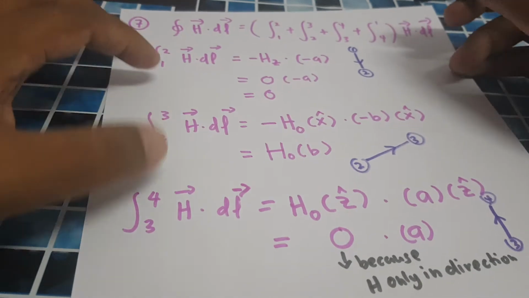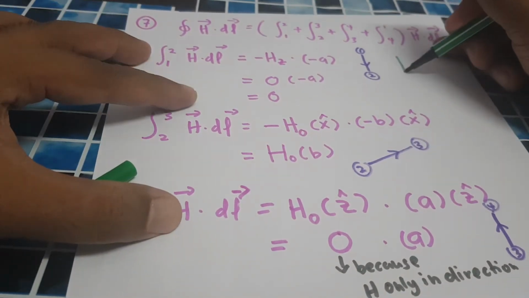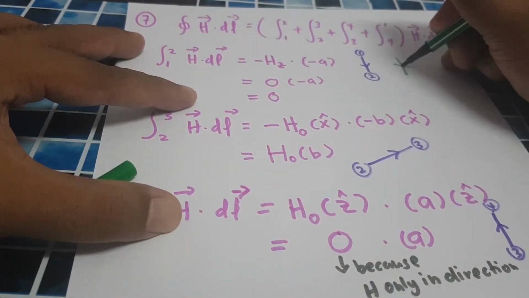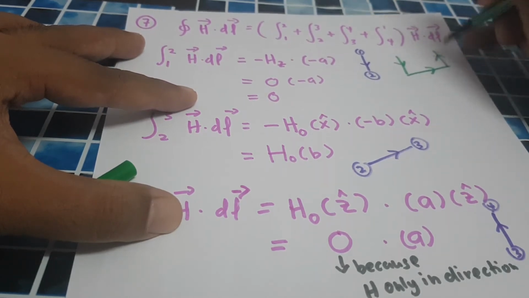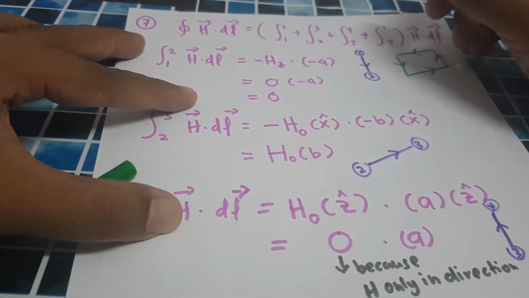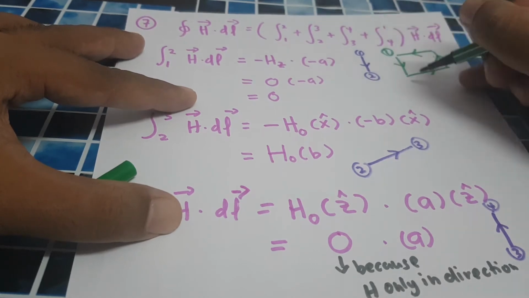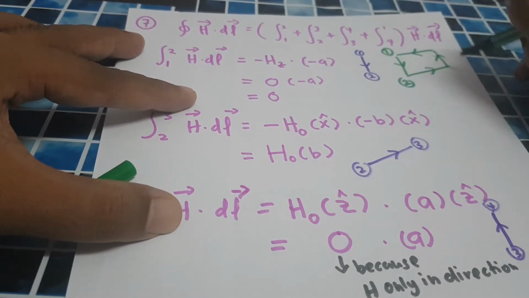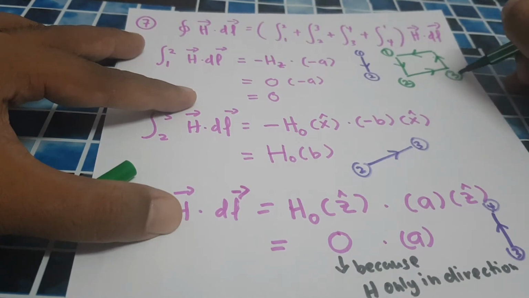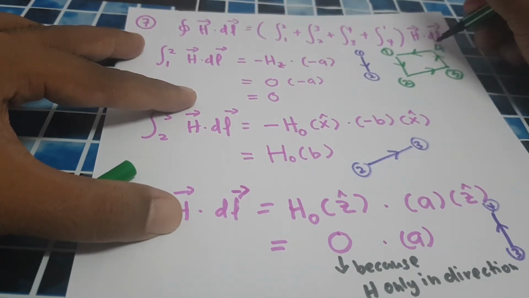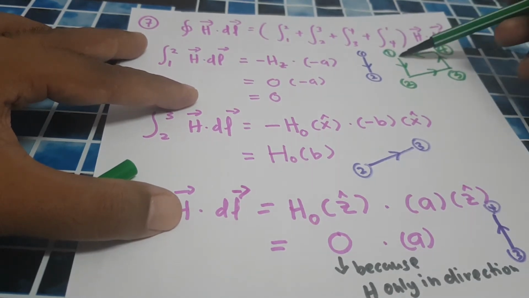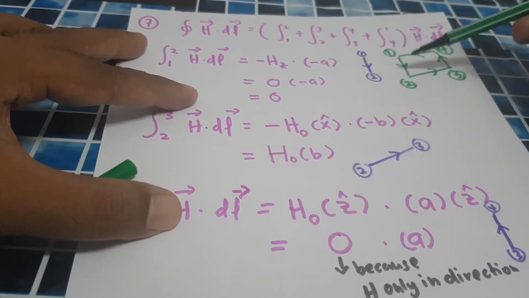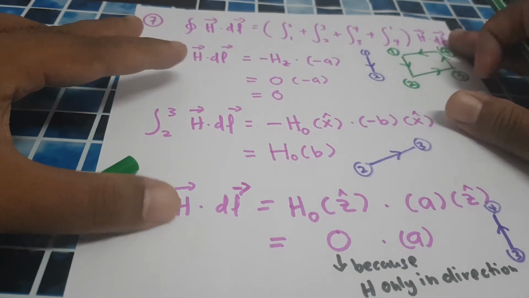The line path goes from point 1 to point 2, point 2 to point 3, point 3 to point 4, and 4 to point 1. This is the rectangular closed path, or Amperian path.